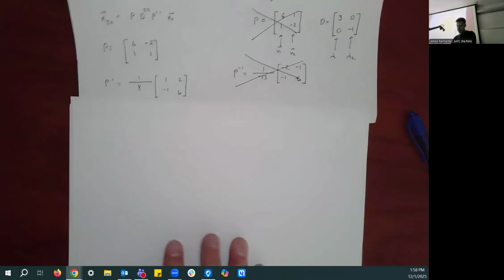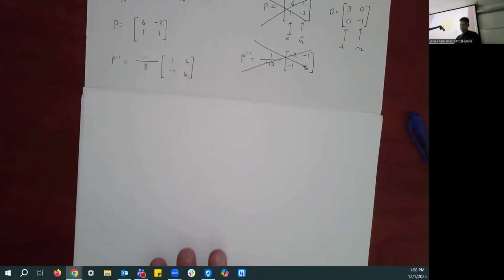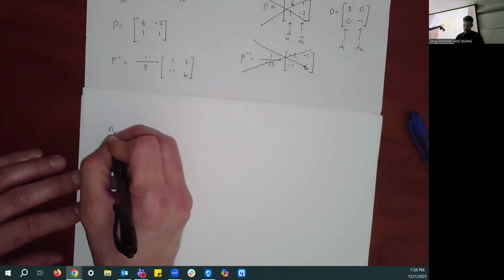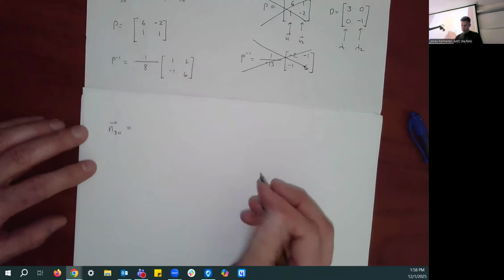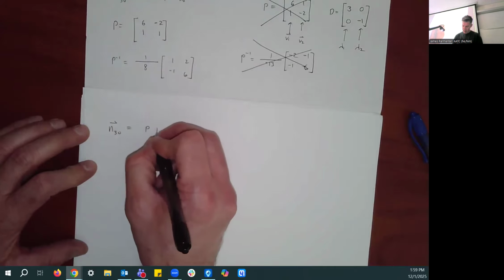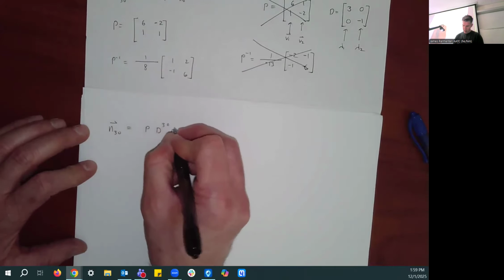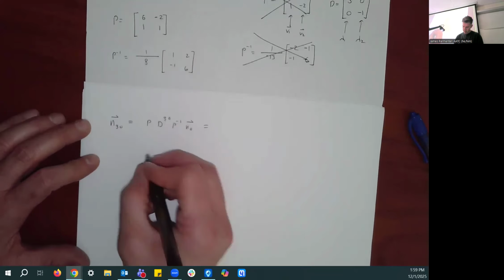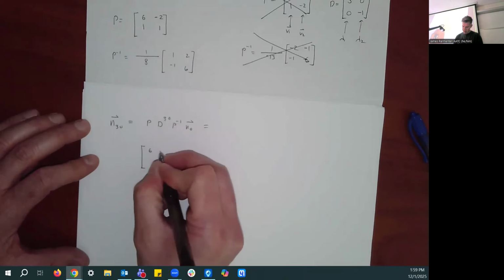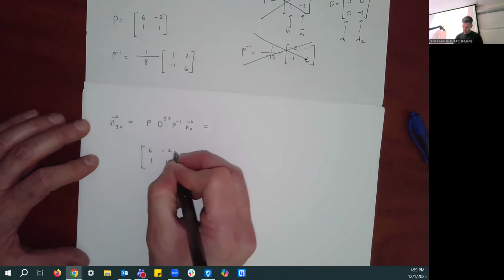So finally, kind of, we're going to say that after 30 iterations of this Leslie matrix, we're going to get P times D to the 30th times P inverse times our N naught, which is going to look like the following still terrible calculation.